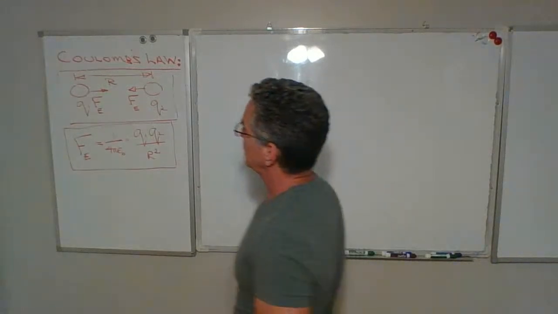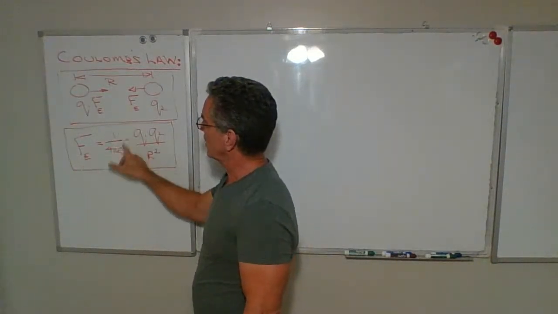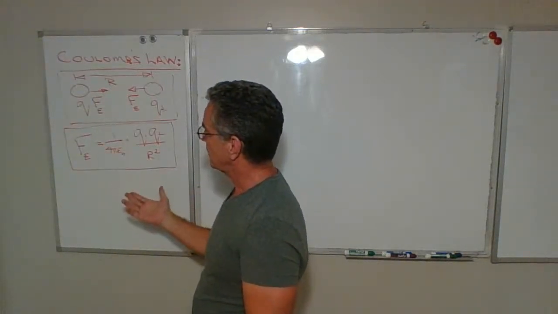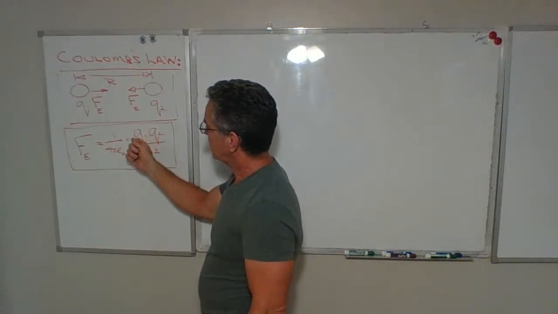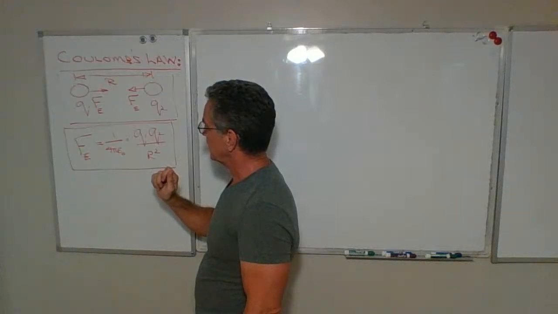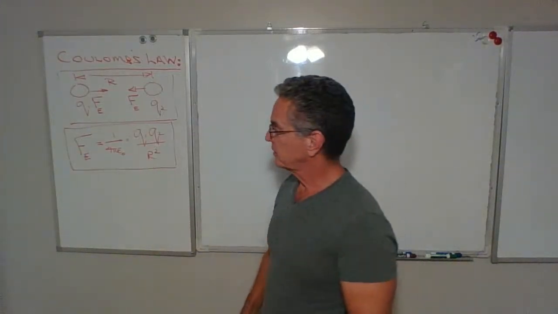So what we've got here is an equation that describes the force. This 1 over 4 pi epsilon sub 0 is a constant value. I'll give you the value of it in a minute. And Q1 and Q2 are the two charges that are exerting forces on each other, and r is their separation distance.